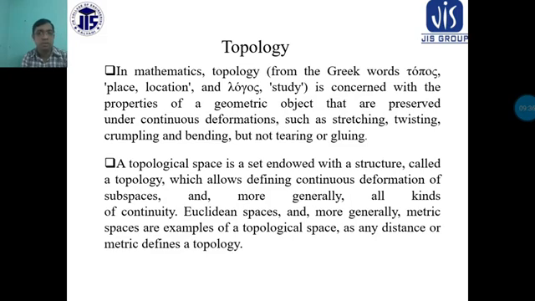That means different types of metric space are examples of topological space.